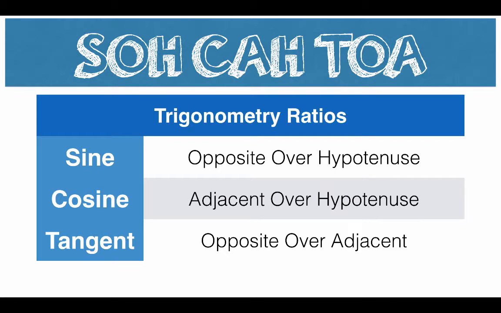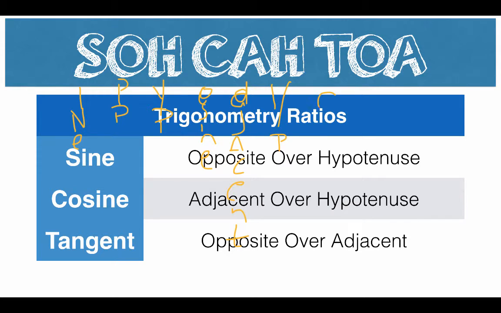All right, but what we definitely see is this idea happening here where this is basically a mnemonic device to help us remember. So we see, for instance, sine, opposite over hypotenuse, right? Cosine, adjacent over hypotenuse.